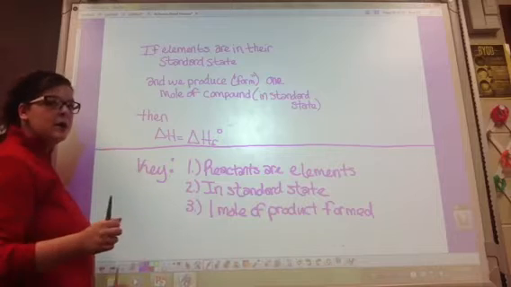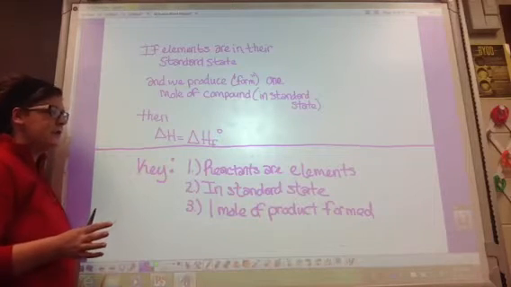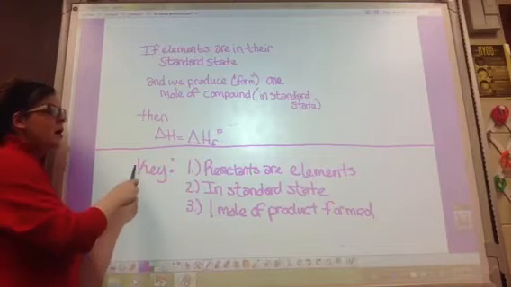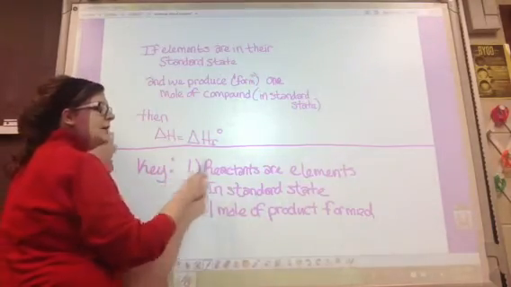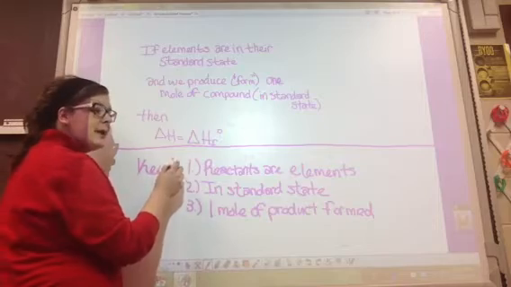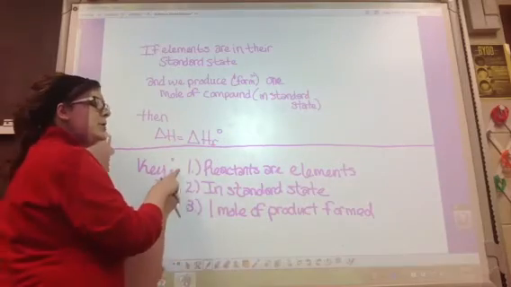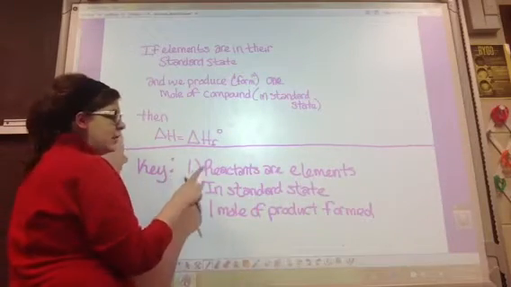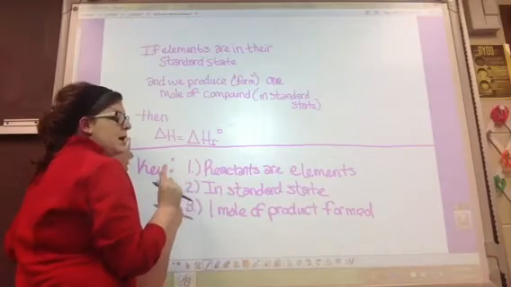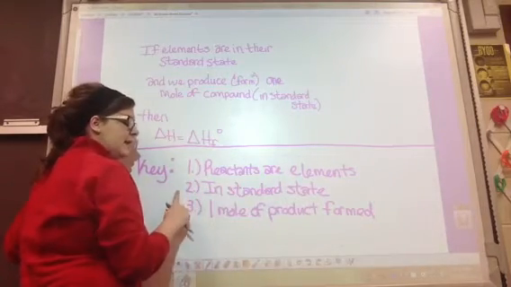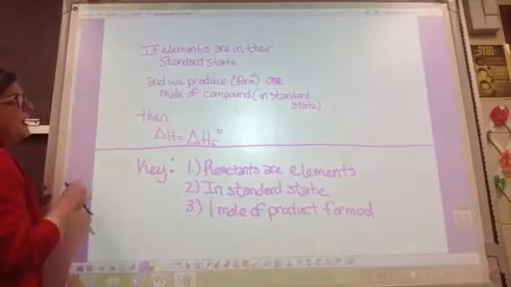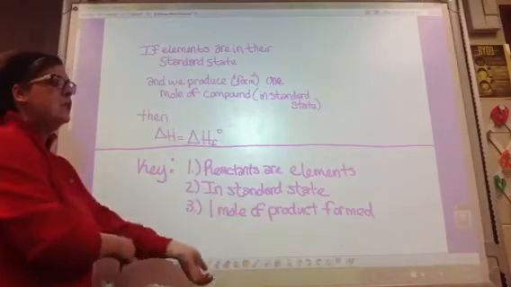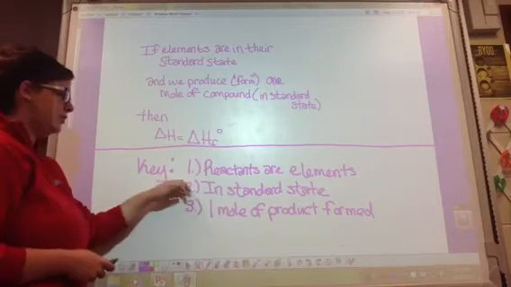So to do that, we're going to need a couple little key pieces of information that may help us. Number 1, if our reactants are in their elemental form, if I have reactants that are elements, then that would be a good indication that that would be a standard enthalpy of formation reaction. Number 2, if the elements or the reactants and the products are in their standard state, that will tell me that I have a standard enthalpy of formation reaction.